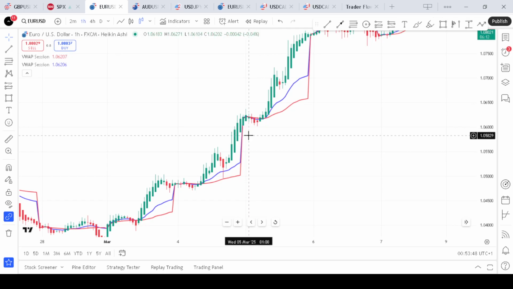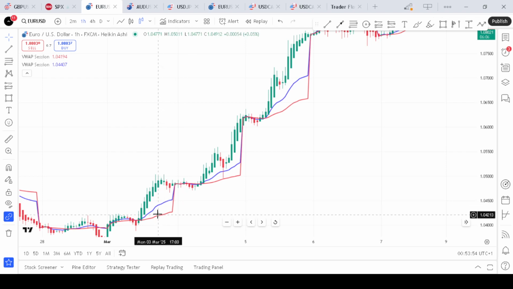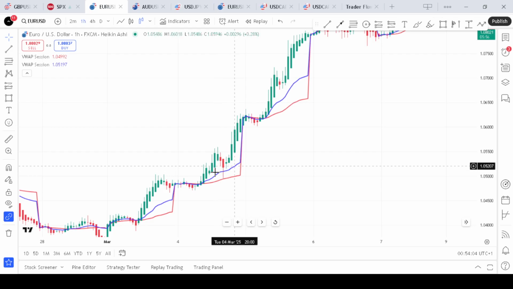For a long trade, you start by observing price action around the short-term VWAP. You are looking for price to pull back to the VWAP line while maintaining alignment with the long-term line. This blue line is the short-term VWAP line.